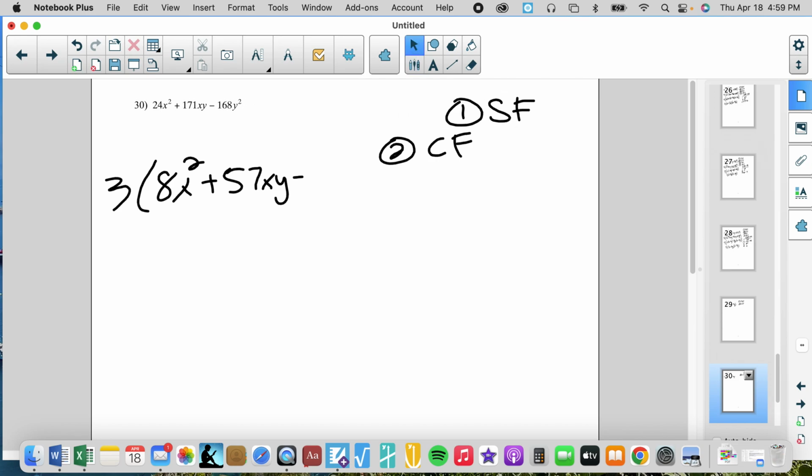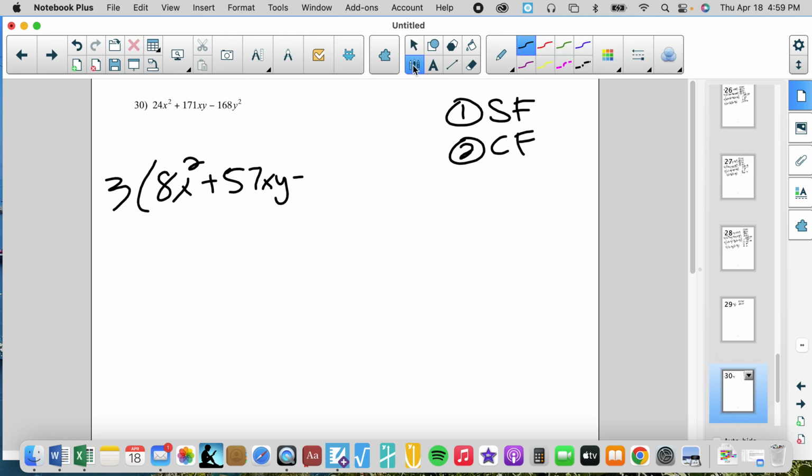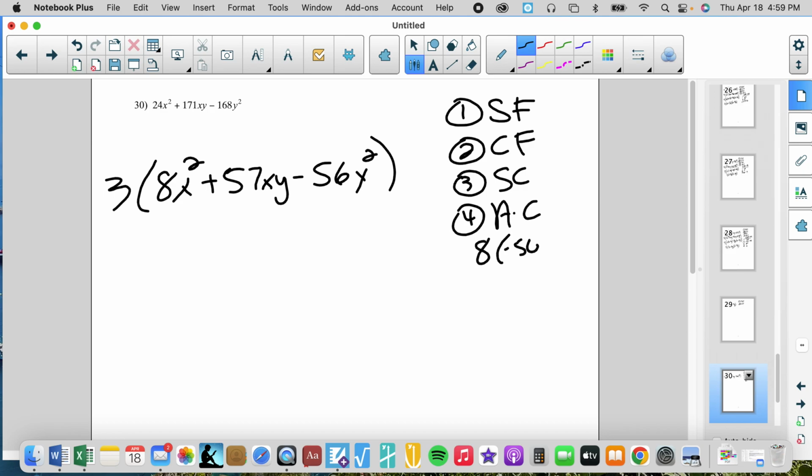Let's move you over again, sorry. 3 goes into 168, that's 56y squared. Yeah, okay. No other number goes into those, so I was correct. No special case. A times C. A is 8, C is negative 56.